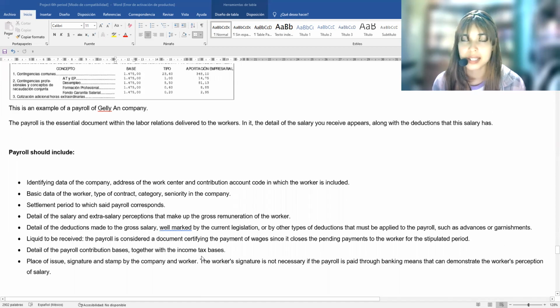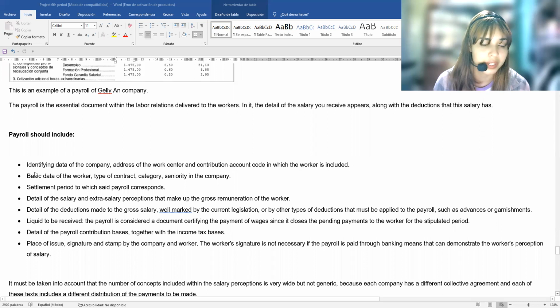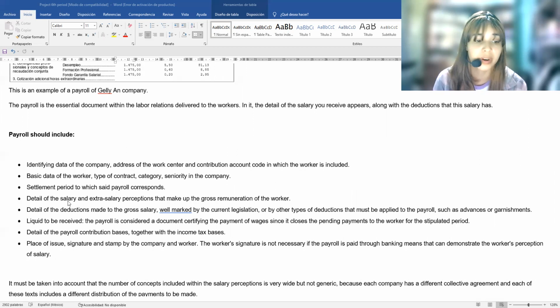As I told you earlier, the payroll should include identifying data of the company, address of the work center, and contribution account code in which the worker is included, basic data of the worker, type of contract, category, seniority in the company, settlement period to which said payroll corresponds, detail of the salary and extra salary perceptions that make up the gross remuneration of the worker, detail of the deductions made to the gross salary as marked by the current legislation, and other deductions that must be applied to the payroll, such as advances or garnishments.